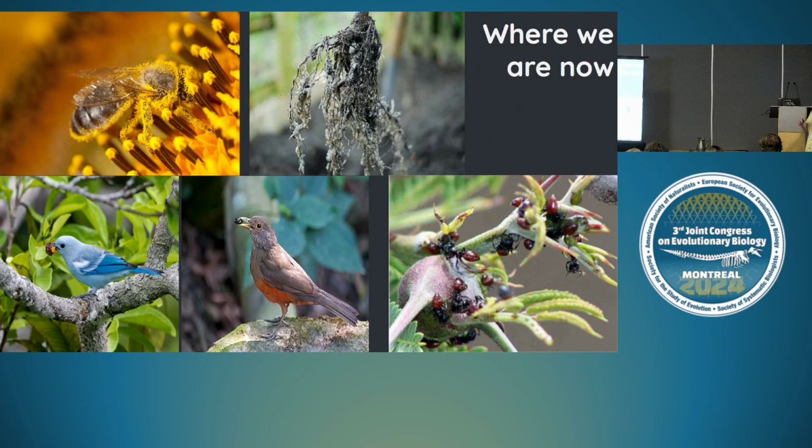I'll give you a brief overview of what we have in terms of data right now. We're dealing with many different types of mutualistic interactions. So as I said already, pollination, seed dispersal, mycorrhiza interactions, and nitrogen fixing bacteria, also ant-plant interactions. And we have assembled, and we are still finishing assembling, an amazing data set for each of those types of interactions.